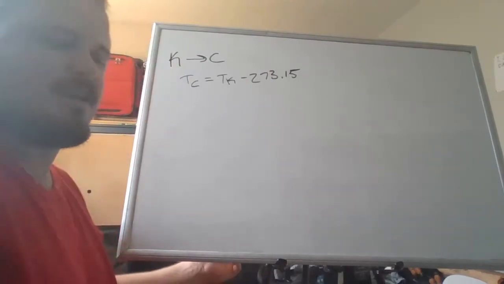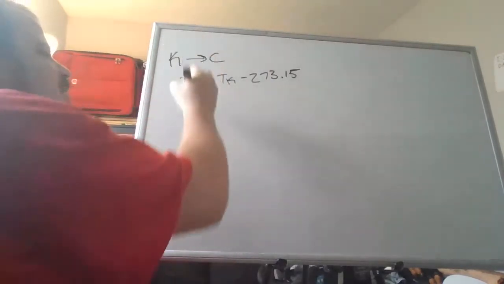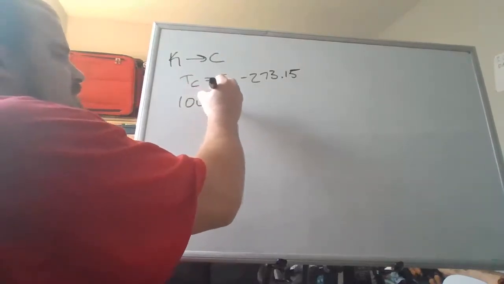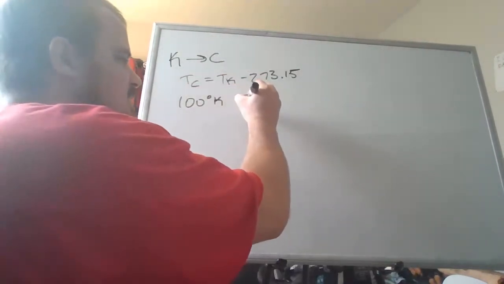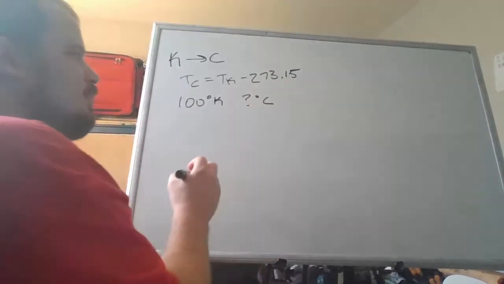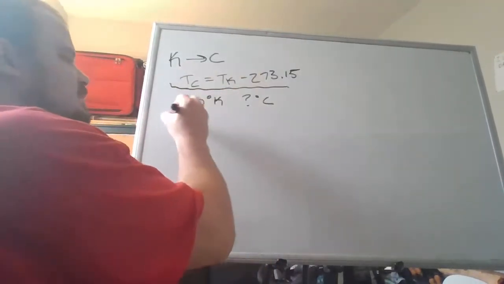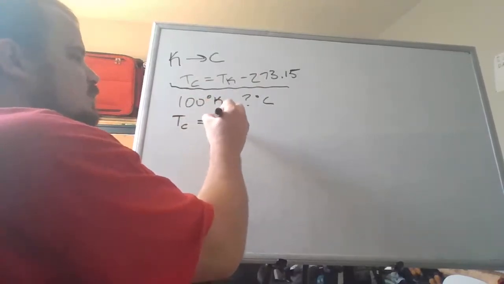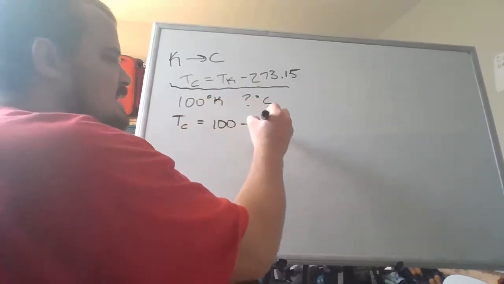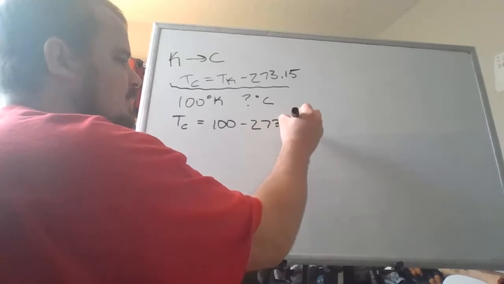Okay, so I'm going to demonstrate for you guys, and then I want you to try numbers 1 and 2. For example, if I say 100 degrees Kelvin is how many degrees Celsius? Well, we take this formula and say temperature in Celsius equals 100 minus 273.15.